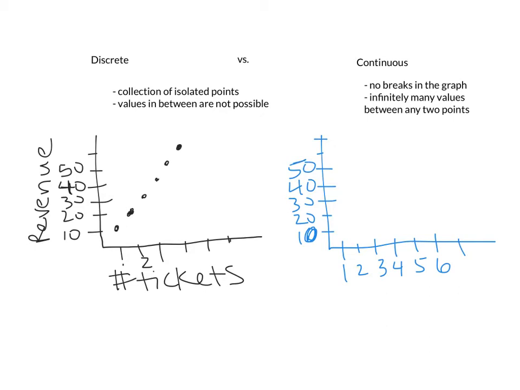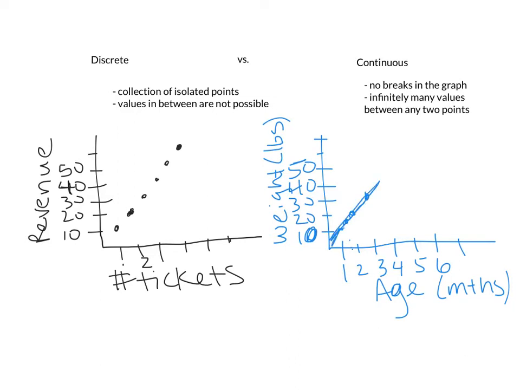So let's think about age in months of some animal, and their weight in pounds. Sure, they can be 1 month and 10 pounds, and 2 months and 20 pounds, and 3 months and 30 pounds, but they could also be 1.5 months and 25 pounds, or 1 month and 1 day and just a little over 10 pounds.